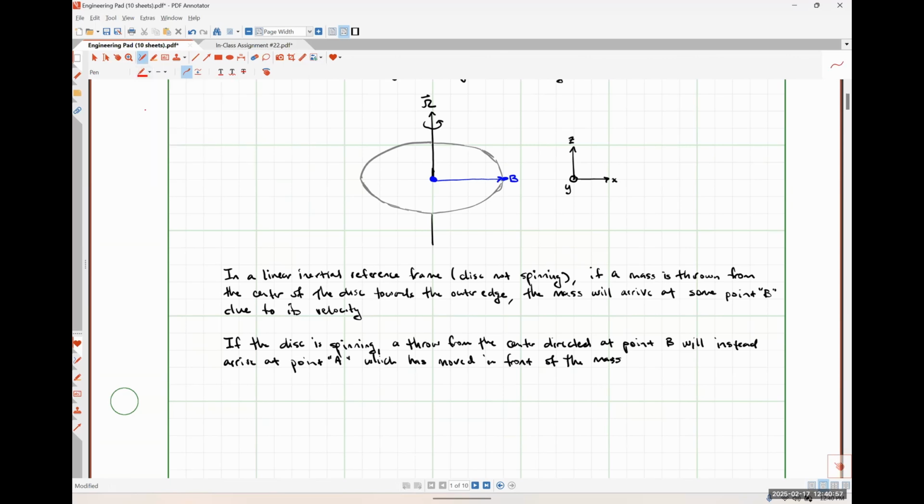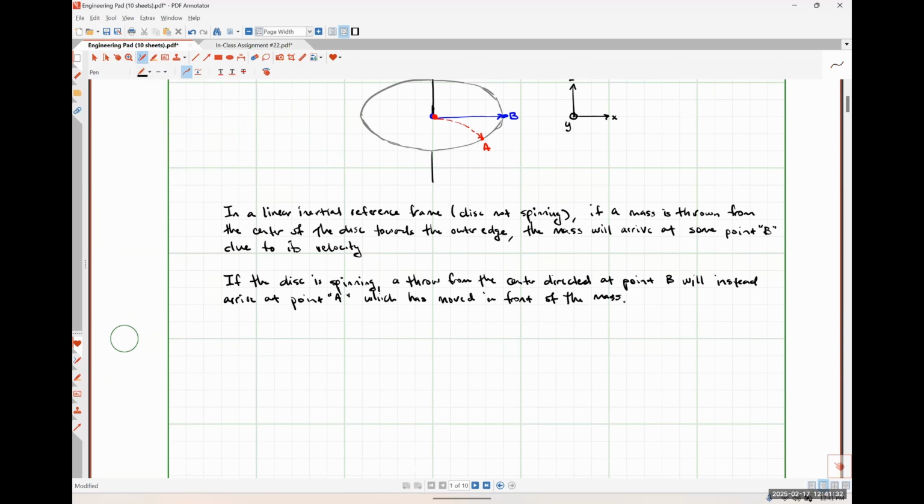So we'd see something more akin to this. This is our starting point, and let's just call this point arbitrarily point A. And we'd see what looks to be a curved path from the point of reference of the observer who's standing on the spinning disk.